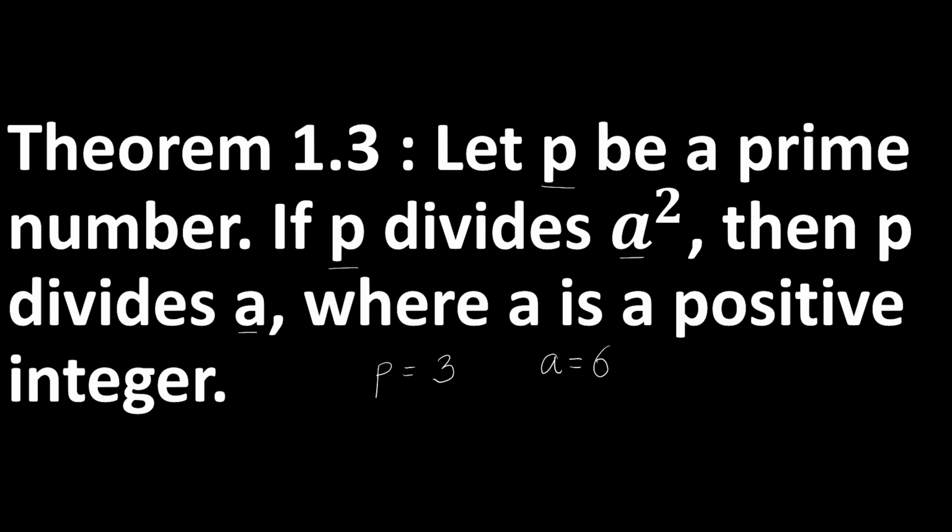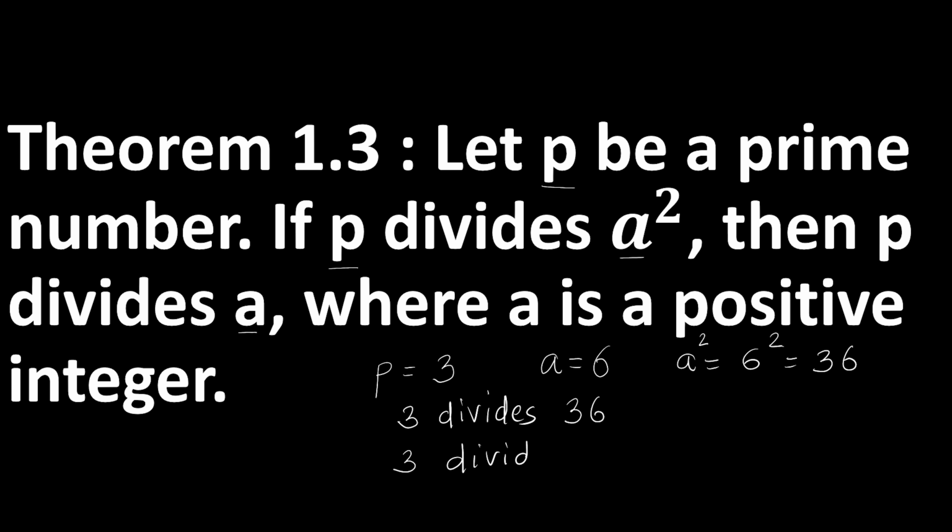Now definitely if A is 6, A square will be equal to 6 square, 6 into 6, which is 36. So according to this theorem, what we understood is that if 3 divides A square, which is 36, then 3 will divide 6 also.